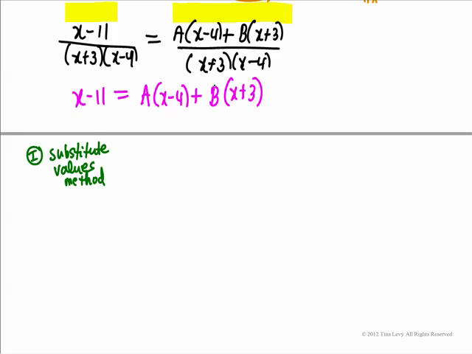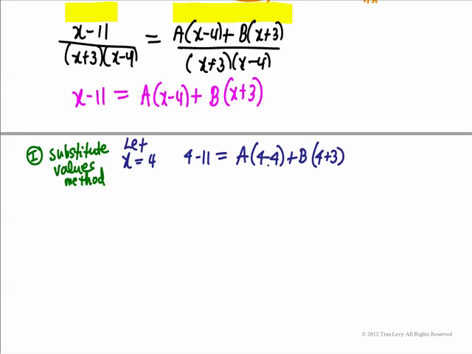Since x minus 11 has to equal this numerator for any x value, I'm going to choose two x values that will help me find A and B. I'm going to let x equal 4, and I get 4 minus 11 is A times 4 minus 4 plus B times 4 plus 3.